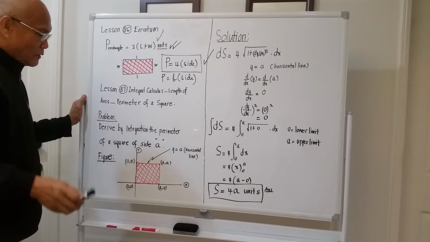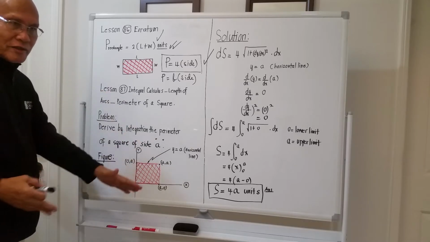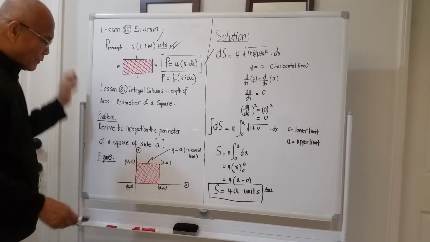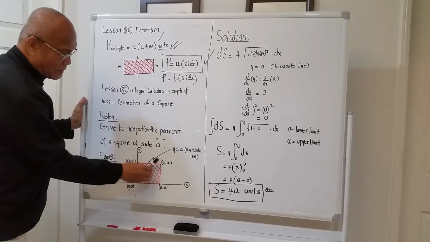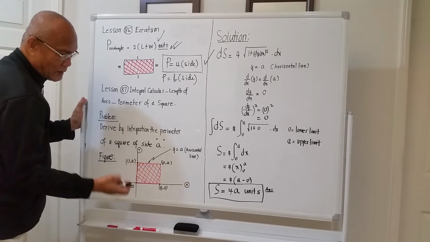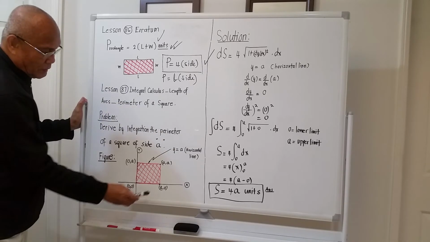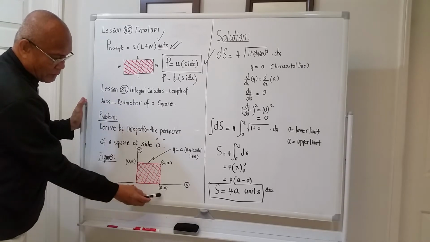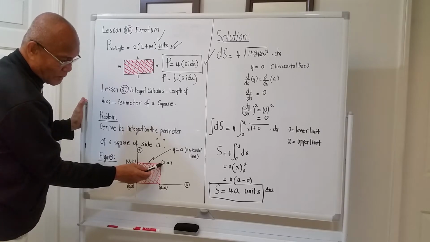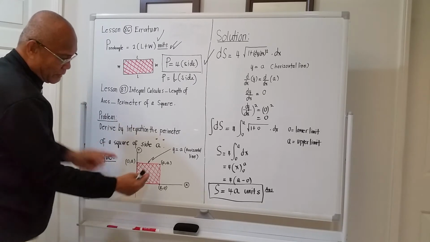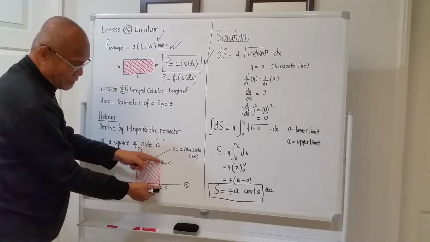We draw the graph on the Cartesian coordinate system. It's a part of the solution. Y-axis, x-axis, first side, second side, third side, fourth side, it is a square. The coordinate of this corner here will be (a, 0). The coordinate of this second one will be (a, a), meaning the abscissa is a, the ordinate is a.